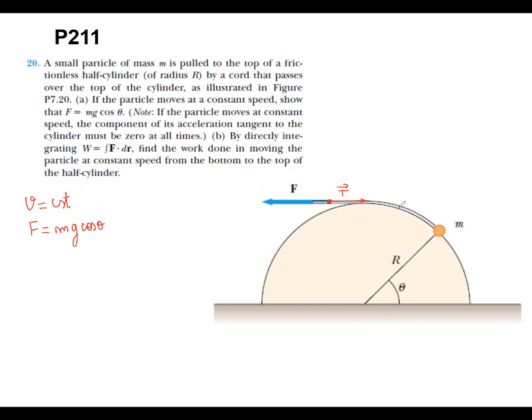Because we don't have friction or interaction between the cord and the body of the cylinder, T will be constant at any point here.